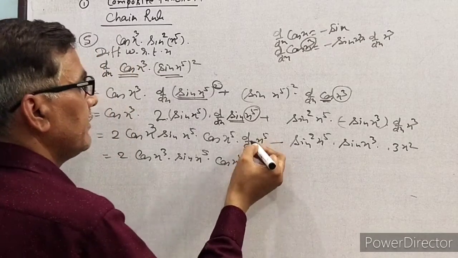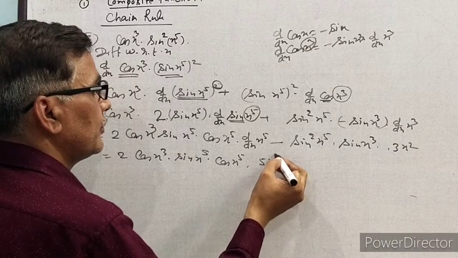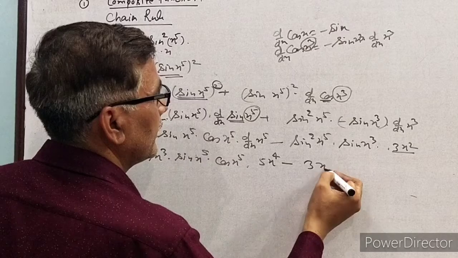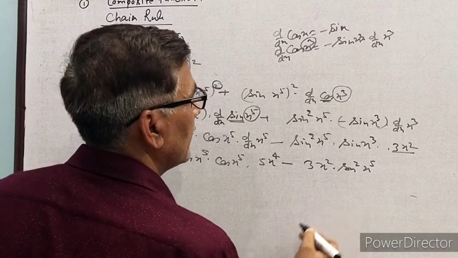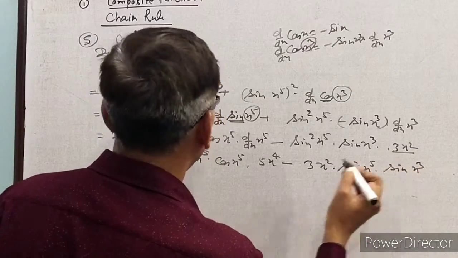The derivative of x raised to 5 is 5x raised to 4, minus this 3x square into sin square x raised to 5 into sin of x cube.